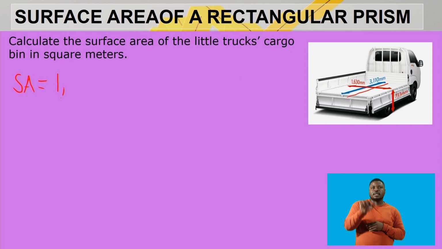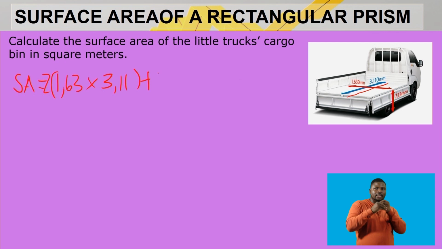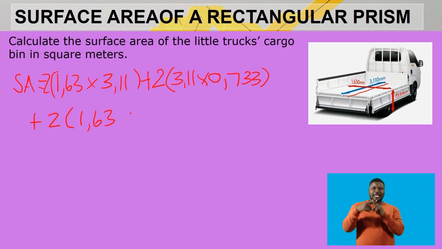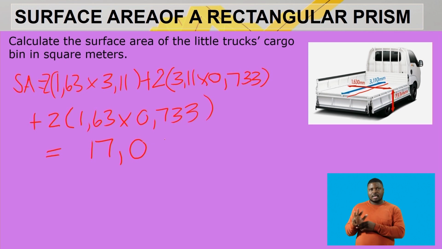It's going to be 1,63, which is the width, times the length, 3,11, and there are 2 of them, plus another 2 of the length, 3,11, times the height, which is now going to be 0,733, plus 2 times the 1,63 times 0,733, and that gives us a total of 17,09 meters squared.